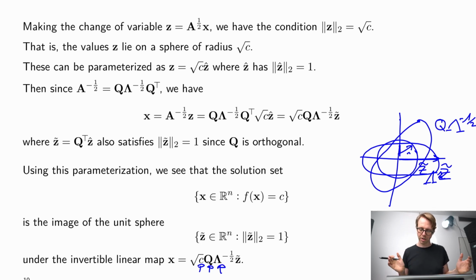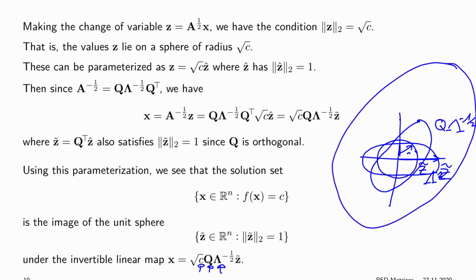If we multiply a vector by an orthogonal matrix, we're rotating it, but not changing its norm. And then we are multiplying by the square root of c. So if c is larger than 1, we get some larger ellipse back. And if it's smaller than 1, we get a smaller ellipse back. So this is square root c times q times lambda to the minus 1/2 times z tilde, or x.